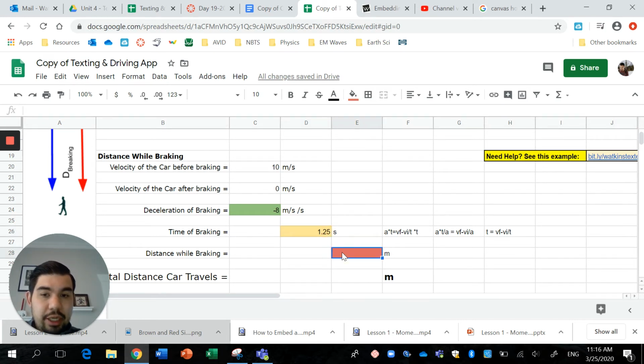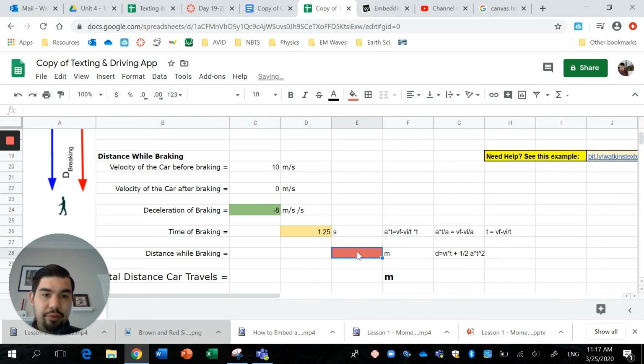Okay, last thing we need to calculate is just our distance while braking. Now we learned in class that our distance formula is the initial velocity times time plus 1/2 acceleration multiplied by time squared. So again, this is the formula that we are teaching our computer.